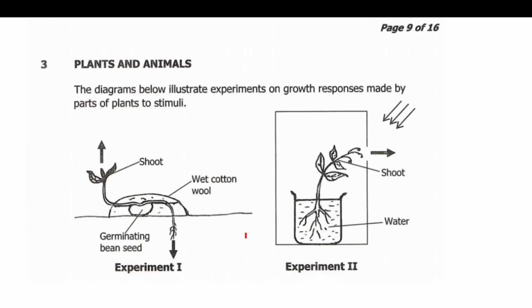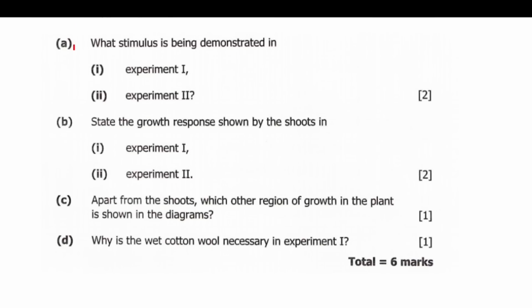In experiment 2, we are seeing wet cotton wool, a germinating seed with a shoot going up and a root going down. And here we are seeing a shoot bending towards light with some water there. Then A says, what stimulus is being demonstrated in experiment 1, experiment 2.